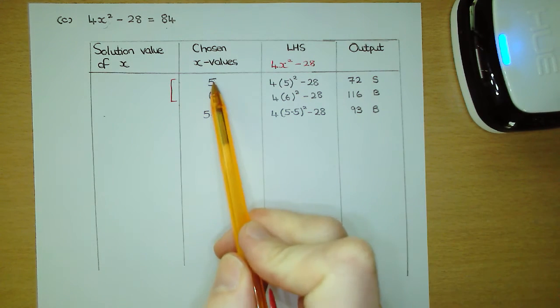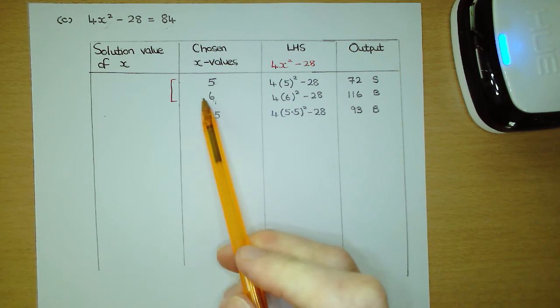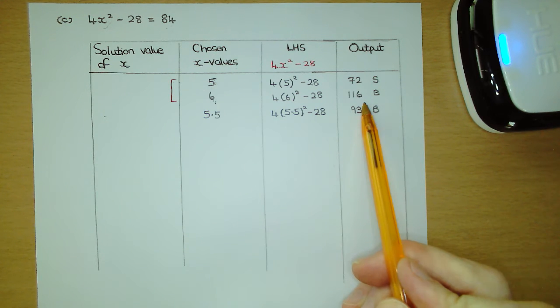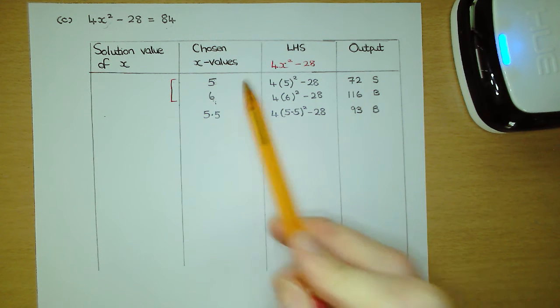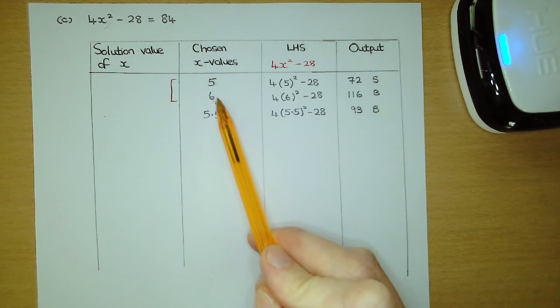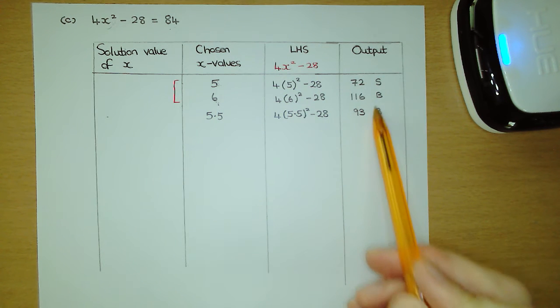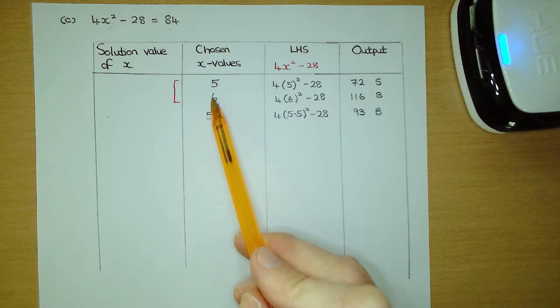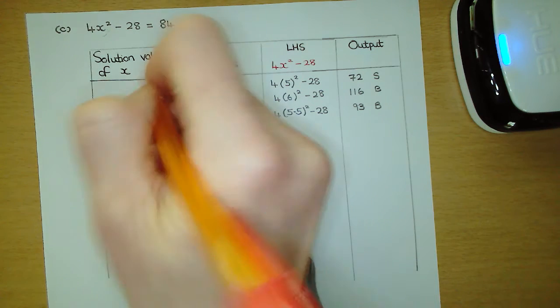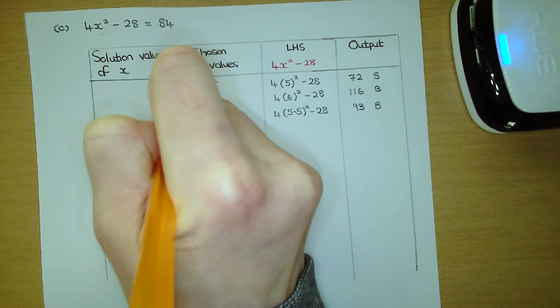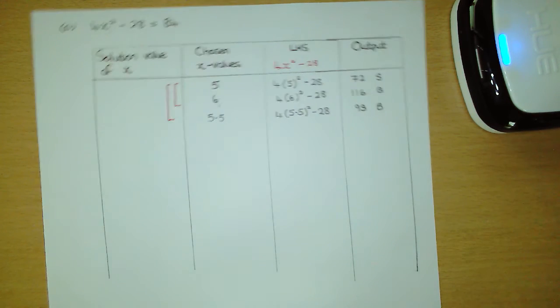So the gap used to be between 5 and 6. When we chucked 6 in, our output was bigger, but now when we chuck 5.5 in, our output's bigger. So we're now getting rid of 6 because 6 and 5.5 give the same result, bigger. So get rid of 6, so the new gap is between 5 and 5.5. So the gap is getting smaller.